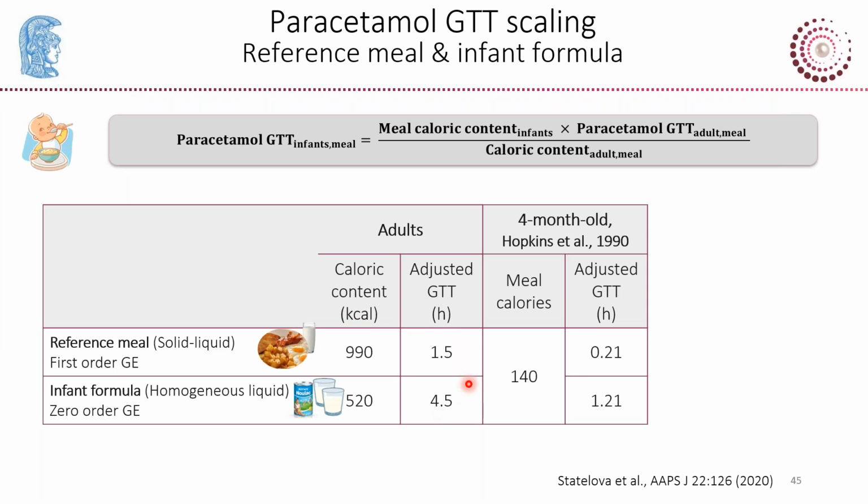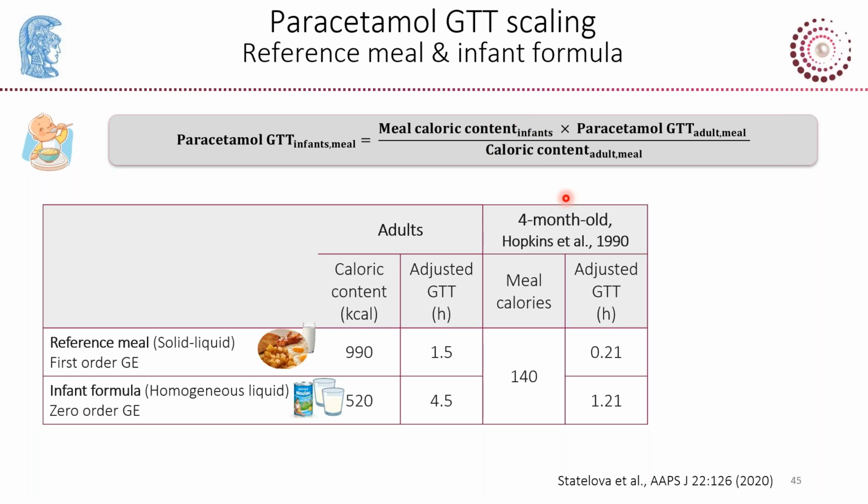The adjustment was based on the meal caloric content of an infant meal, and was normalized with a paracetamol gastric transit time from adults, and was normalized with the caloric content of the adult meal.